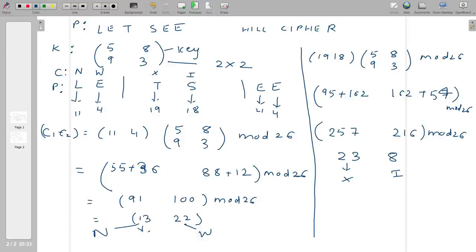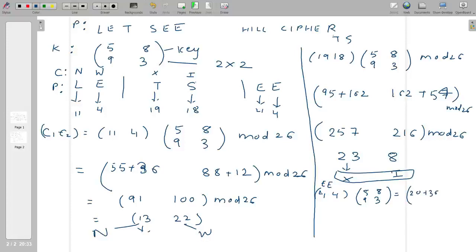Similarly, we can encrypt the third one, which is E, 4 and 4. The key will be the same, 5, 8, 9 and 3, and it is a mod 26 operation. So 4 into 5, which is 20, 4 into 9, which is 36.